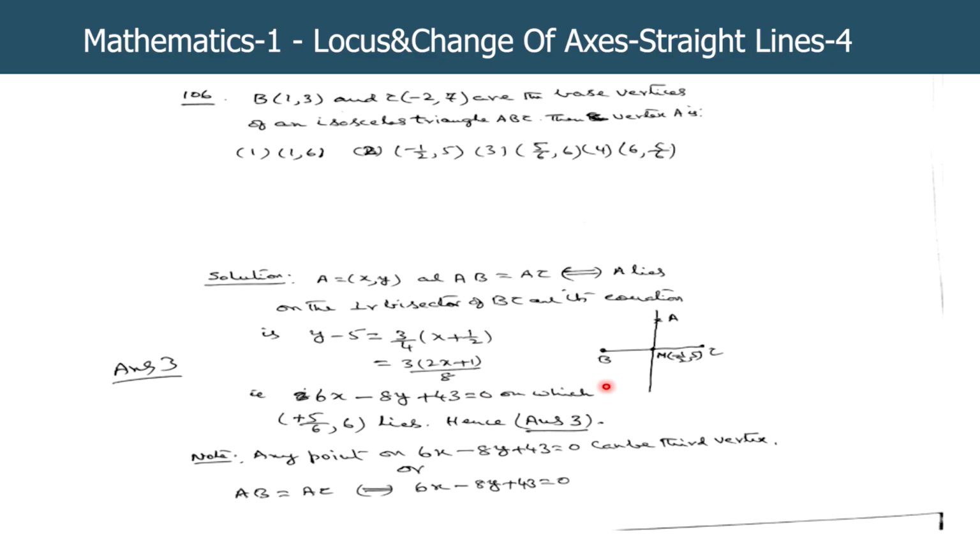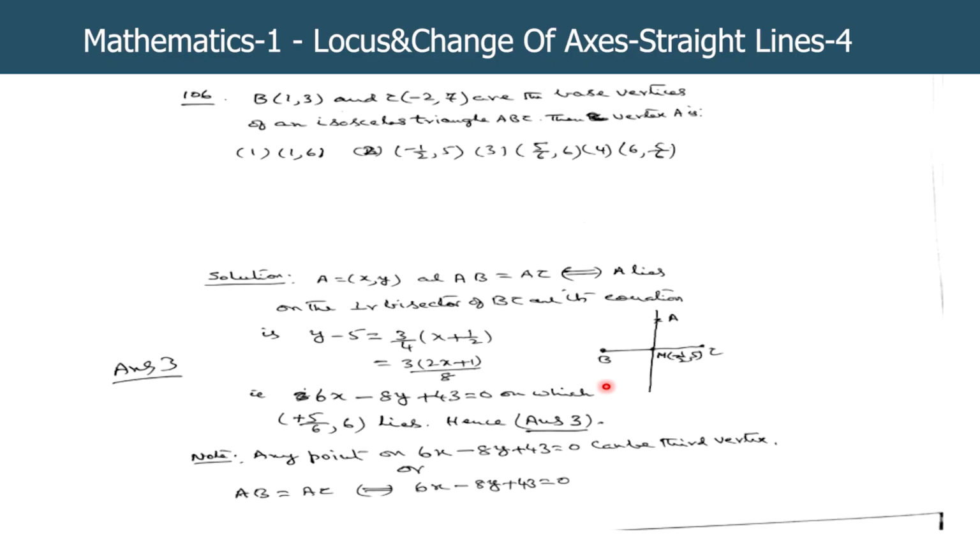Note, here please see, any point on 6x minus 8y plus 43 equal to 0 can be a third vertex, because AB is equal to AC. That means, if you want, you can write that it is the locus of the vertex A such that AB is equal to AC.